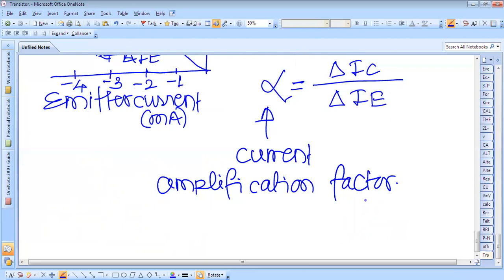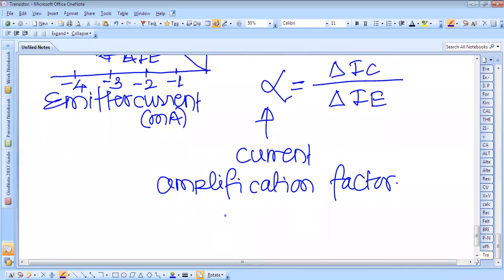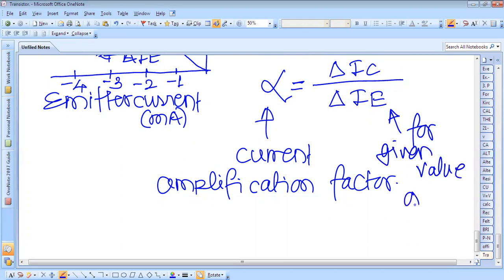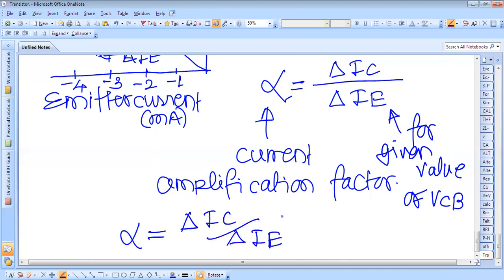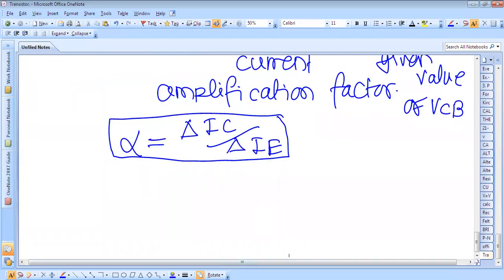This is for a given value of VCB. So alpha is equal to del IC by del IE. Here the slope is negative.